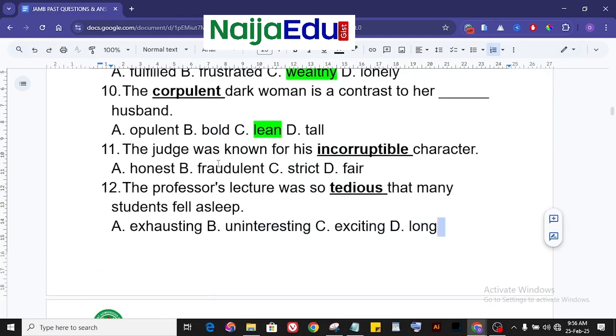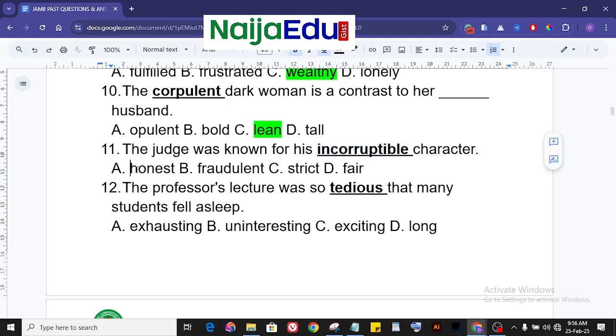Question 11 says, the judge was known for his incorruptible character. The meaning of incorruptible as used here is to be honest or morally upright. Let's look at the options given. We are looking for the opposite in word to incorruptible, that is what the instruction says.